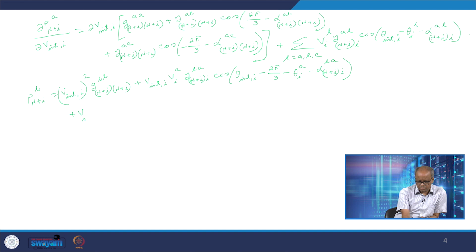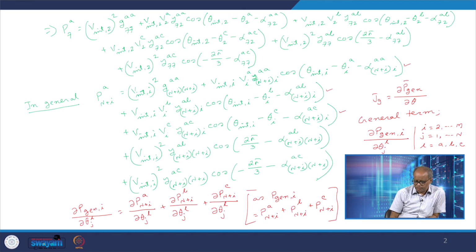Plus V internal I V I B Y n plus I B B, then cosine of theta internal I minus 2 pi by 3 minus theta I B minus alpha n plus I B B, right?